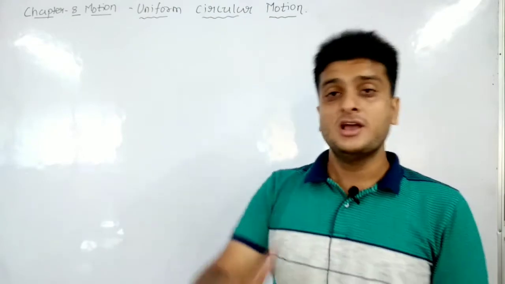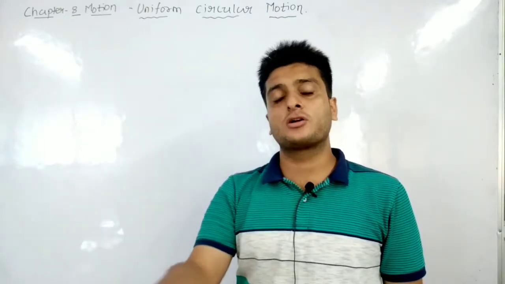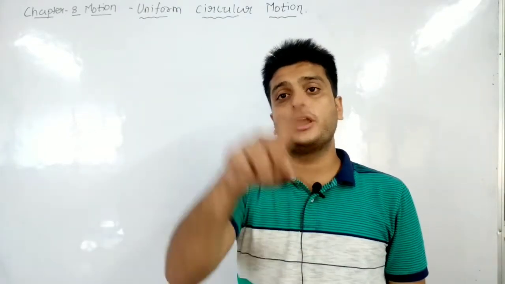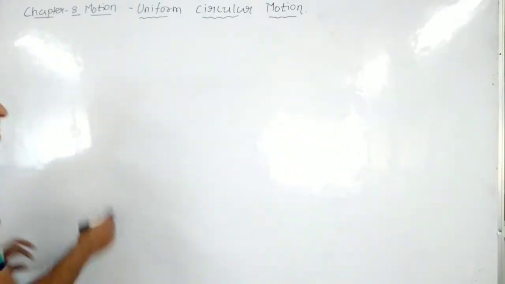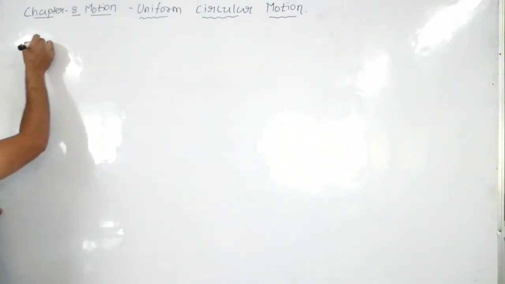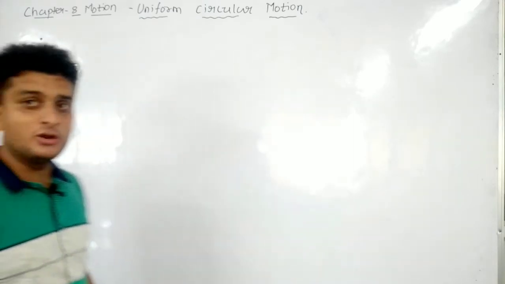One more is motion of the hands of clock. That also moves uniformly in circle, right? So I will just give you some example. The motion which is uniform circular, right?